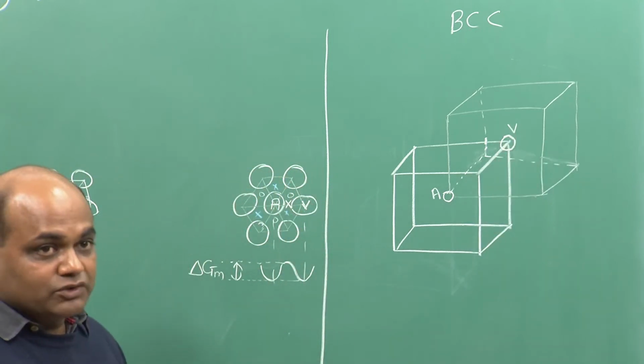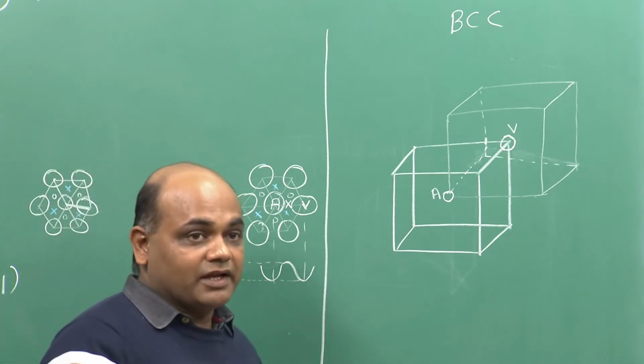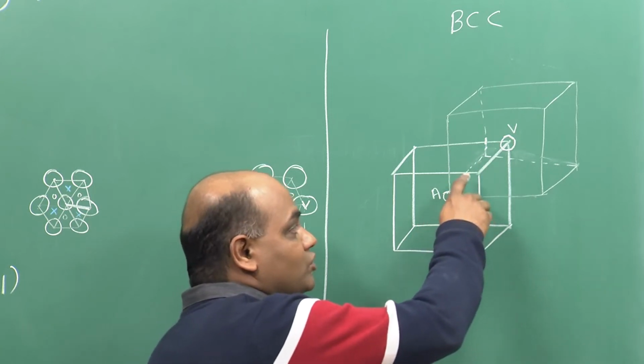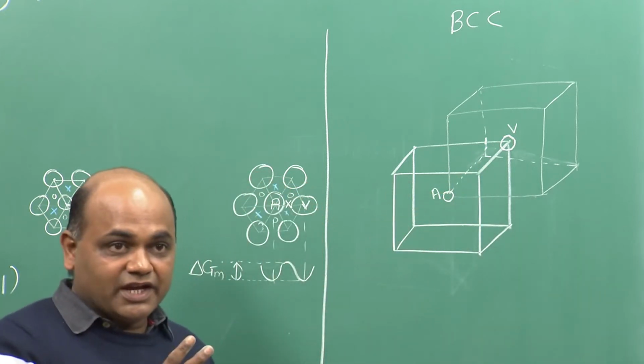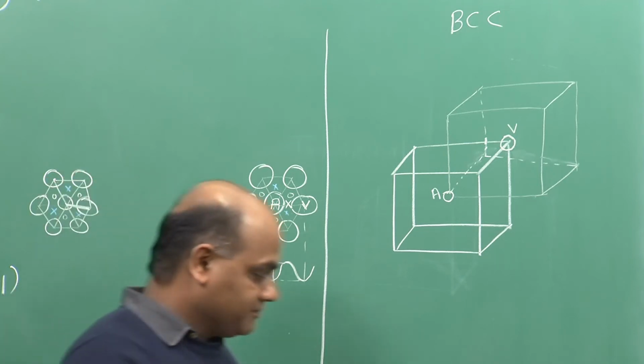it has to pass through two saddle points, that is on its way from A to V, the atom will encounter two states in which there is a maximum in the Gibbs free energy.